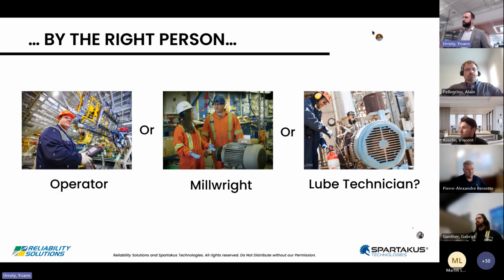We need also to find the right person to do it. So that's why during this PMO process, we need to involve the person at stake. There are lots of tasks that can be handed out to operators, or some tasks that we prefer the millwrights to do, or maybe the loop technician to do.